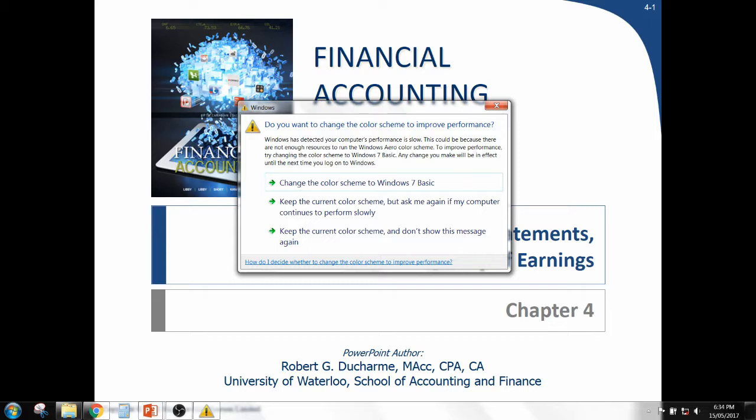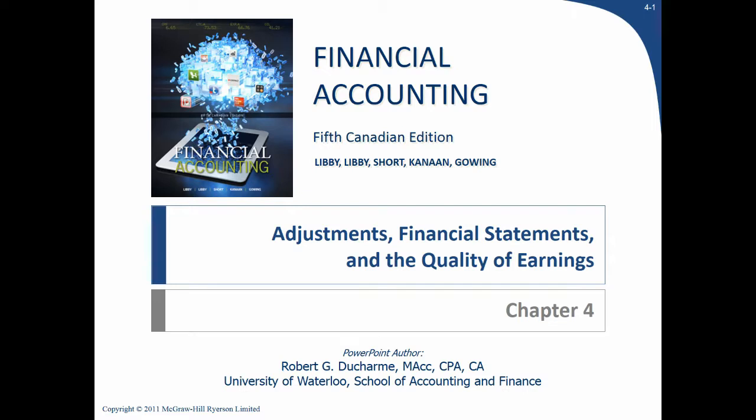The other thing is, do not try to memorize assets increase with debits, assets decrease with credits, liabilities increase with credits, decrease with debits. All you need to know is that assets increase with debits, because all the others are mutually exclusive. If assets increase with debits, that means they decrease with credits.